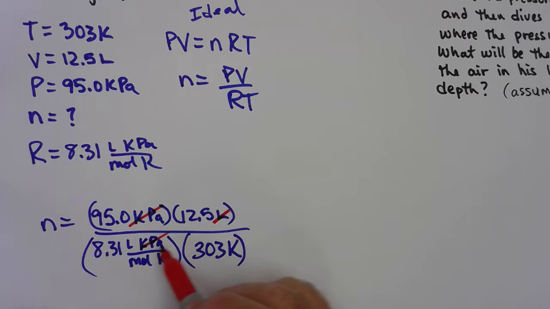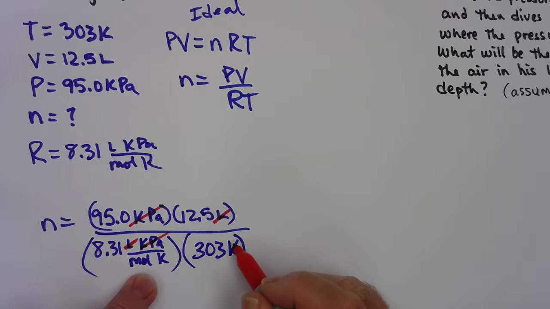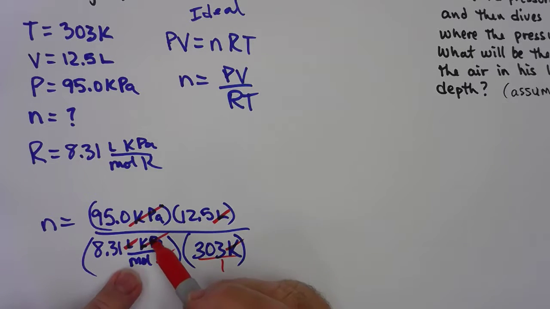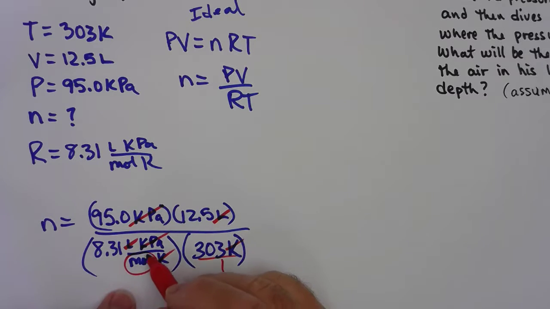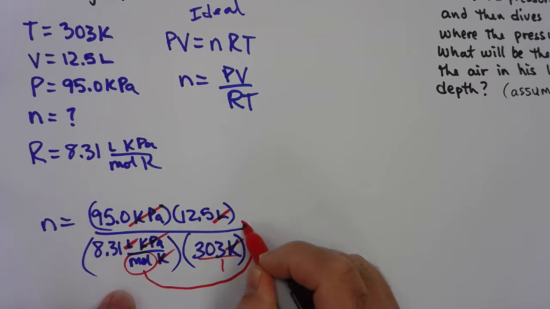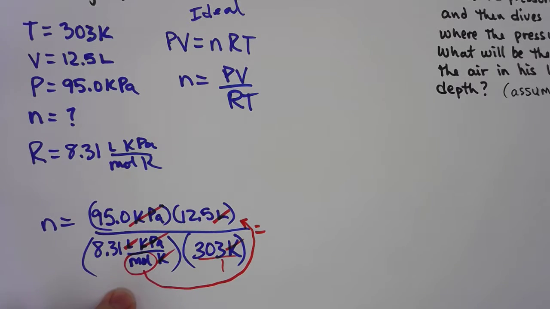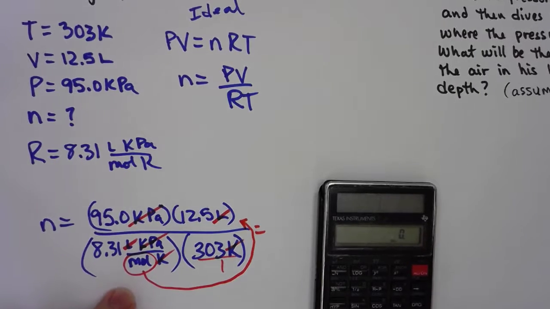I have liters on the top, I have liters in the bottom. Sorry about that. I've got Kelvin in the denominator of the denominator. I've got Kelvin in the numerator of the denominator, so those kelvins cancel, which leaves me, my unit would be 1 over 1 over moles, which will just be moles, as the denominator of the denominator is coming up to the numerator. We'll plug in the numbers here.